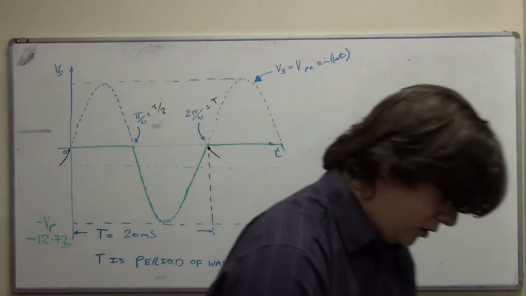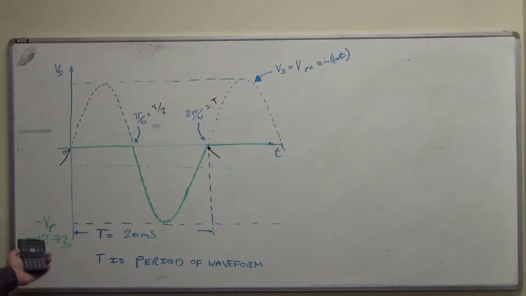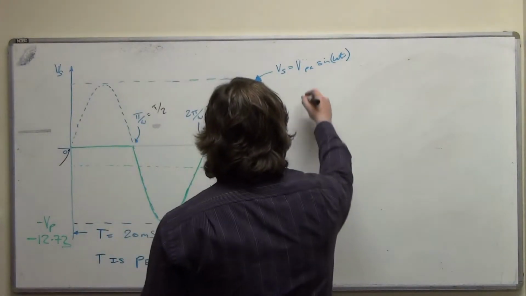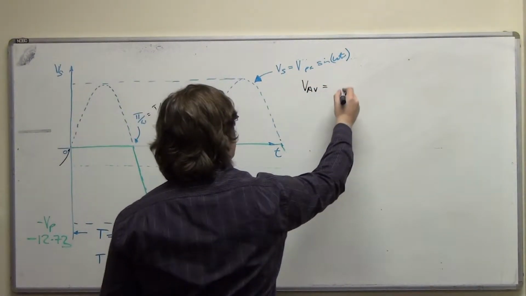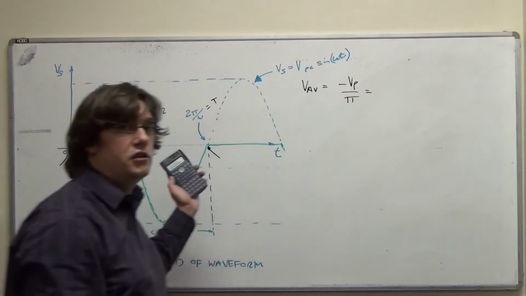It's minus Vp upon pi is what we had, and minus Vp is 12.73. So it's minus 12.73 upon pi, which is minus 4.05. So just for completeness, we have Vav is equal to minus Vp upon pi for this situation.